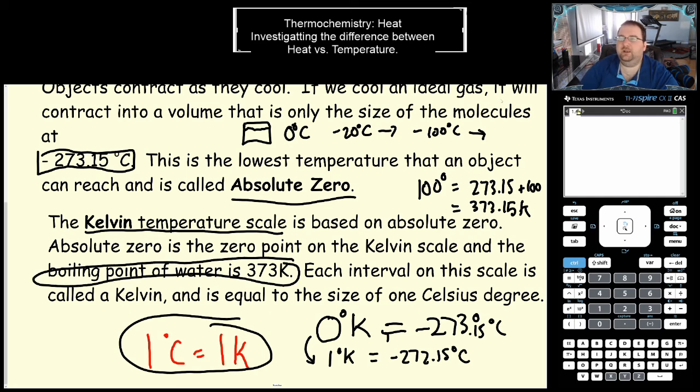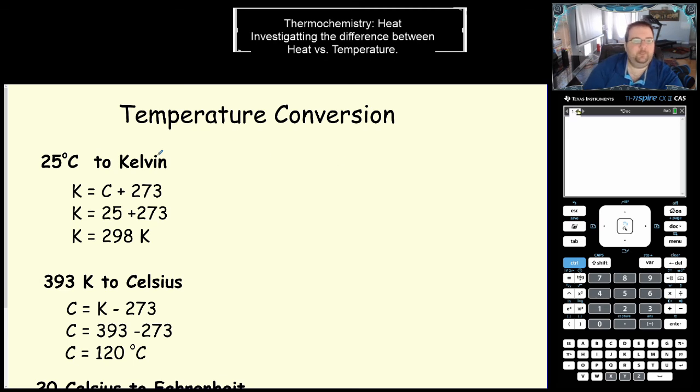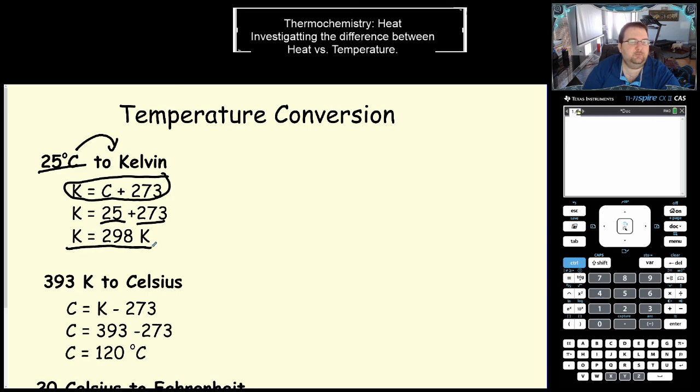And so now we're going to get into some conversions. To go from Celsius to Kelvin, you just use this formula here. You take your degrees Celsius and you add 273 to it. So if we're at 25 degrees Celsius and you add 273 to it, what is 25 degrees Celsius in Kelvin? 298.